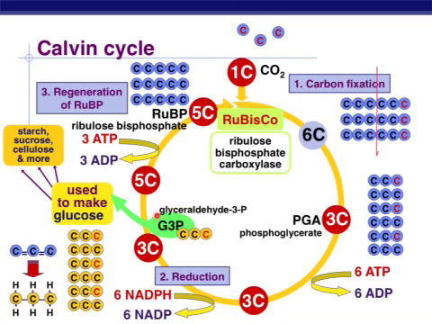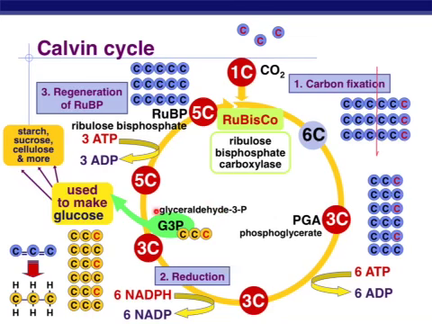It's to make this G3P molecule, because G3P is the precursor used to make glucose. And from glucose, we can make sucrose and cellulose and starch and whatever else the plant needs. So the whole point of the Calvin cycle is to make G3P.